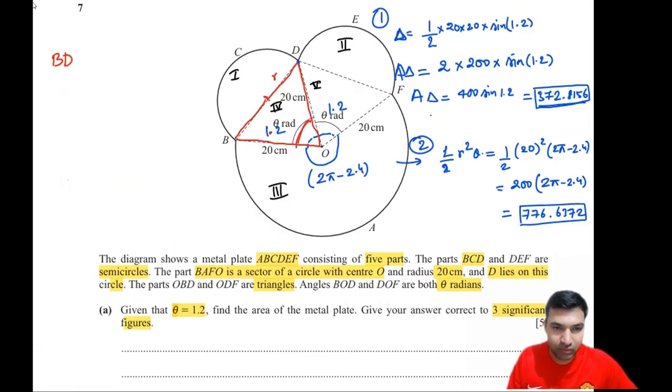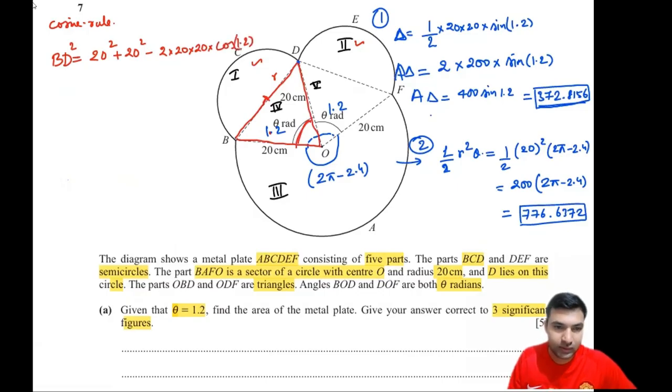So BD squared will be found using the cosine rule. Okay, because I need to find the area. If I know BD, the diameter of one, then I can use the area of a circle, because both the semicircles added together will give me a complete circle. So 20 squared plus 20 squared minus 2 times 20 times 20 times cos of 1.2.